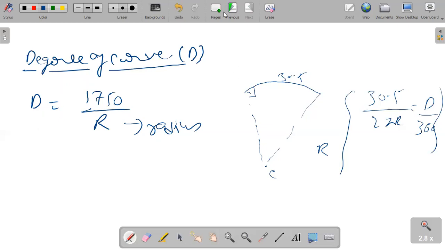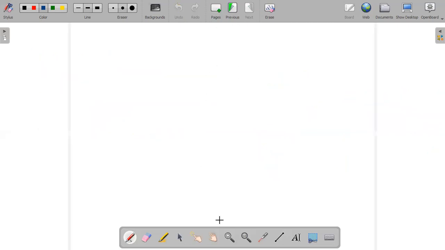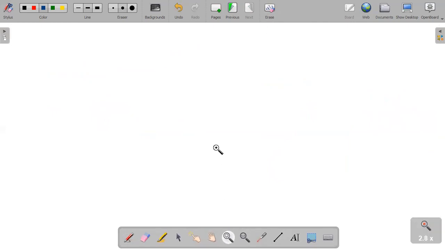And let's move on to the next thing, which is versine of curve. Yeah, versine of curve.